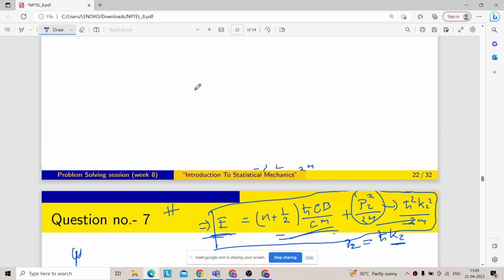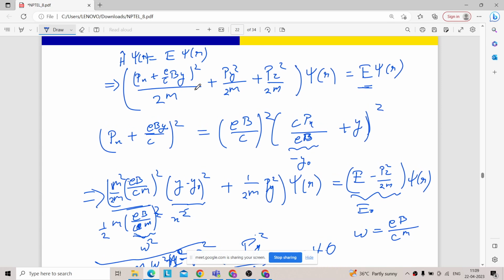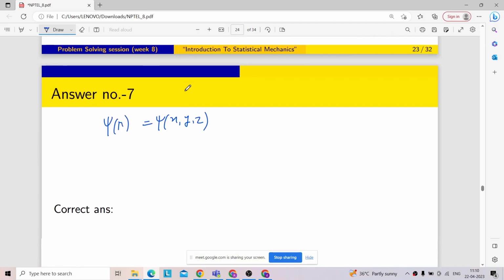And we got our Hamiltonian like this, right? So you see in our Hamiltonian we have y dependency here. So my Hamiltonian depends on the variables y, px, py, pz, right?